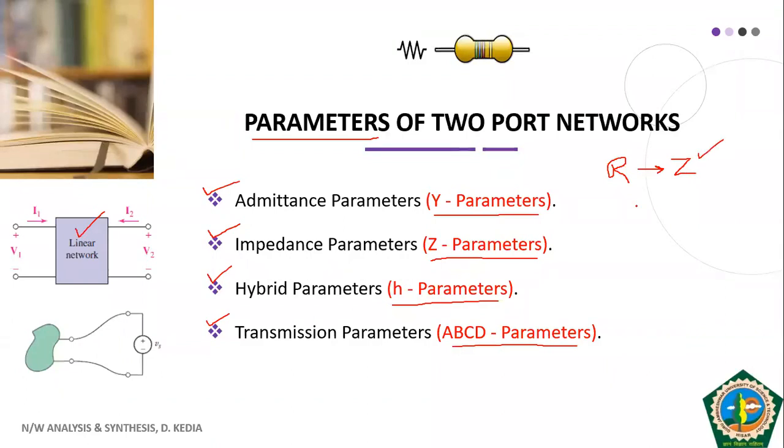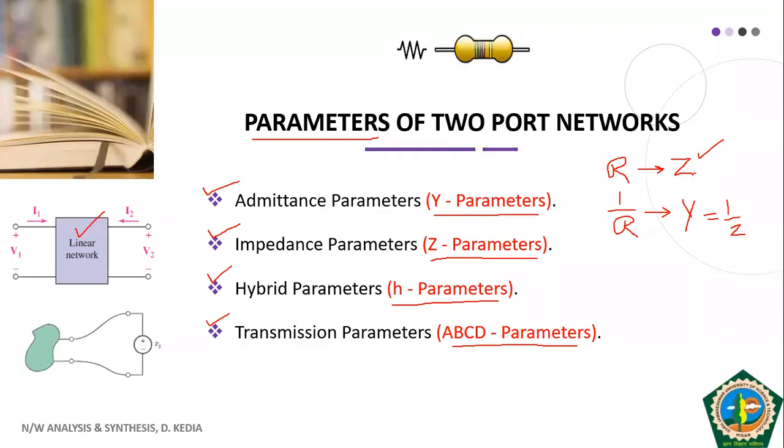Impedance is your Z. The inverse of resistance is nothing but conductance, and the inverse of impedance is admittance. So your Y is nothing but 1 by Z.